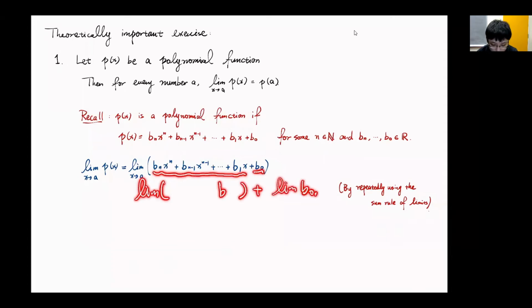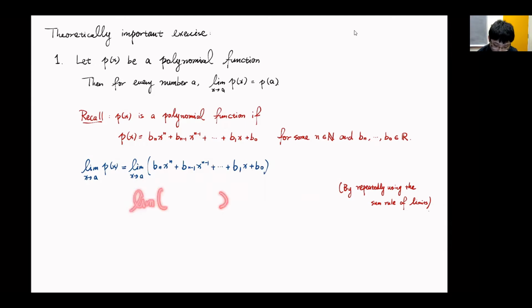Okay, then the last term in the first part will be b sub 1 x. If I use the sum rule again, applied to these two, I can kick this out, so as to get the limit of everything except the last two terms, plus the limit of b1 x plus the limit of b0. So this is what I can do.